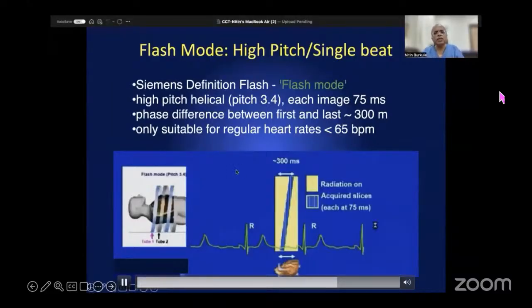The pitch used is very high, like 3 or 4.